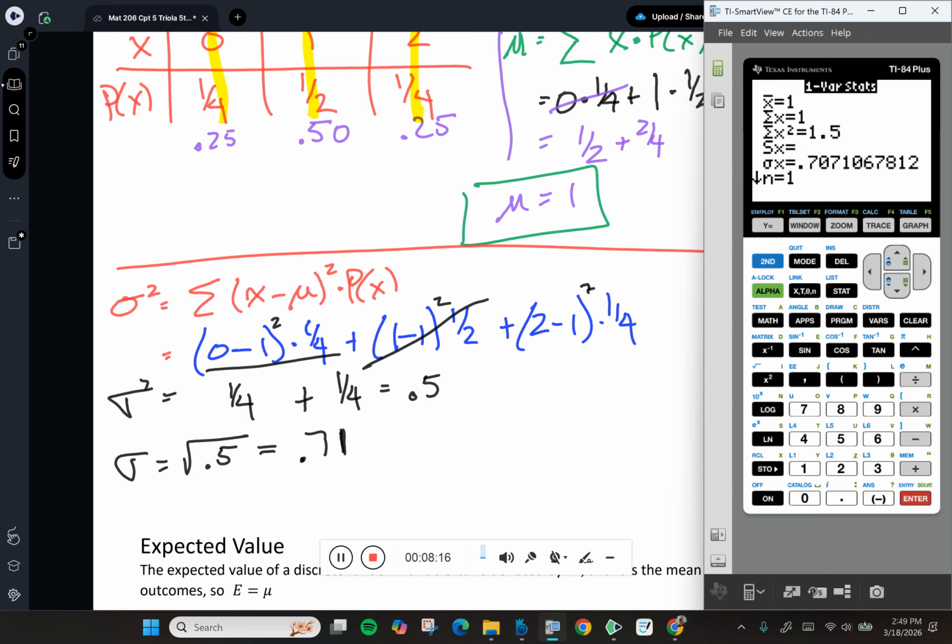My screen says x bar is 1, but I know that it's supposed to be mu is 1. So what's going on there? Remember, the calculator is dumb. So it doesn't know that this is a probability distribution. So we have to be smarter, and we have to say, hey, calculator, this is a probability distribution, so what you think is mean is actually population mean, not sample mean, right?